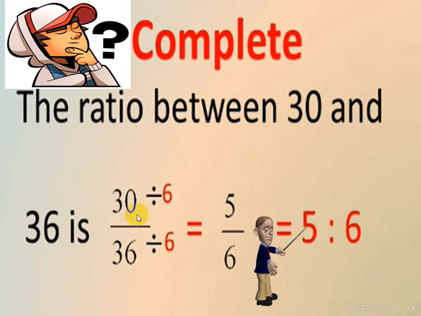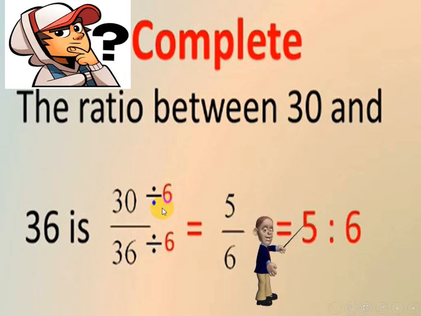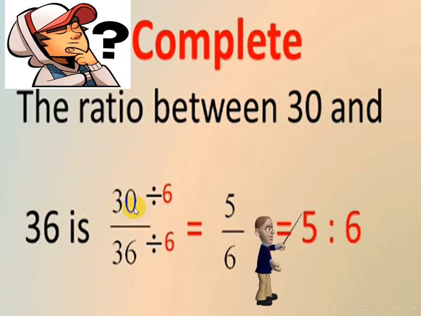Observe that the two numbers are divisible by 2, 3, or 6. But we prefer 6 because I don't want to make a lot of steps, so I divide by 6. Divided by 6 in the numerator, divided by 6 in the denominator. So 30 divided by 6 is 5. 36 divided by 6, can you answer?